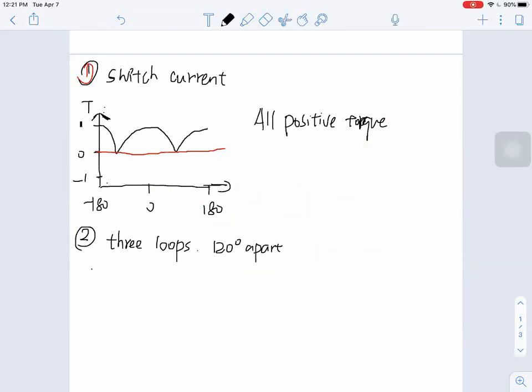Then if we plot the torque and angle again, we're still going to have the same plot. I will just do this. We're still going to have something that looks like this. Let's copy this.